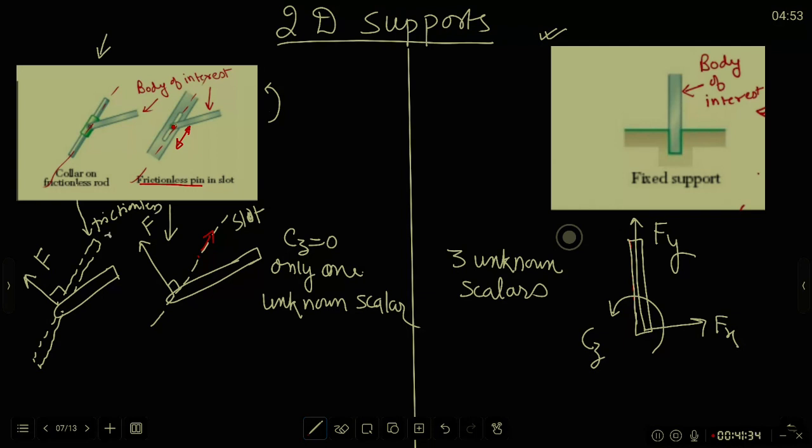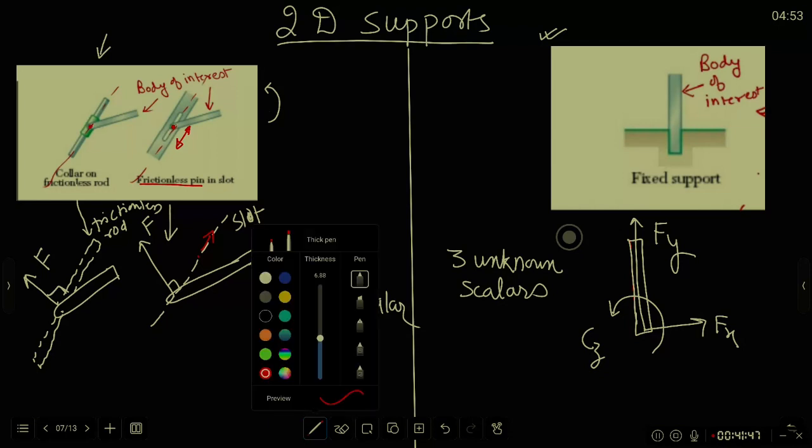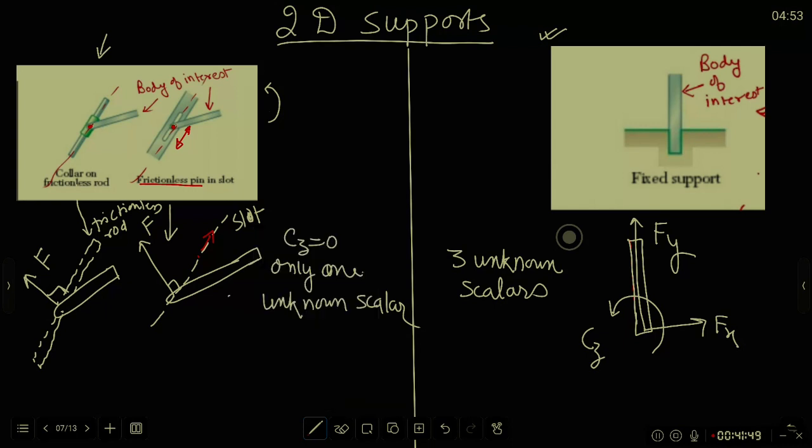And again, there is a pin here, and that is why this support cannot offer any resistance to the rotation of this free body with angular velocity having component in z direction, and that is why Cz will still be 0. So in this case also we are dealing with only one unknown scalar, that is F, and that F is a force along the perpendicular direction of the frictionless rod or the slot that has been shown on the right hand side of this figure.